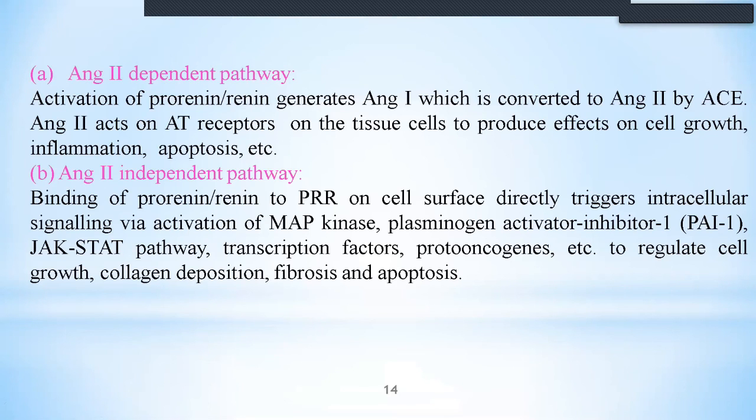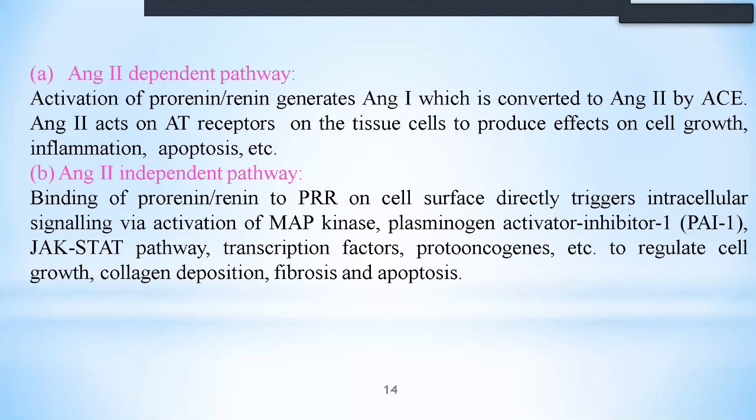So apart from this, the angiotensin 2 pathway is there. Activation of prorenin and renin generates angiotensin 1, which is converted to angiotensin 2 by ACE. Angiotensin 2 acts on AT receptors in tissue cells to produce effects of cell growth.